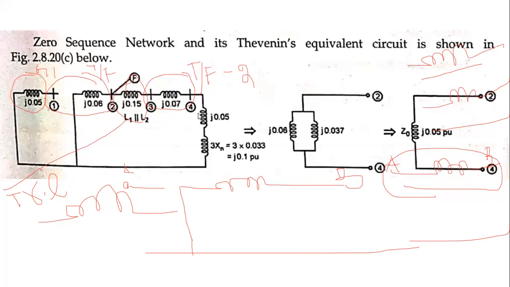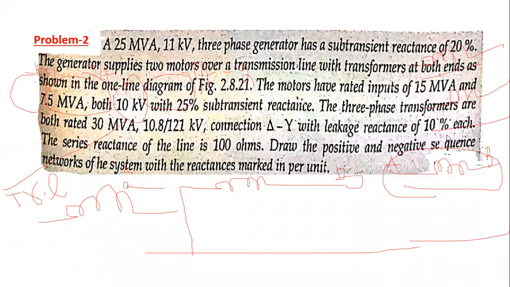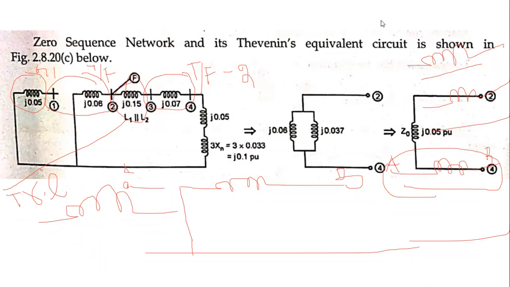J0.07 plus J0.05 is 0.12, 0.12 plus 0.15 is 0.27, 0.27 plus J0.1, then we obtain 0.37. This is open circuit, that's why we do not consider this value, and then this is the 0.06. If the fault is at this point, then these two are connected in parallel. Therefore this is the Z0. This is the equivalent Thevenin's circuit.